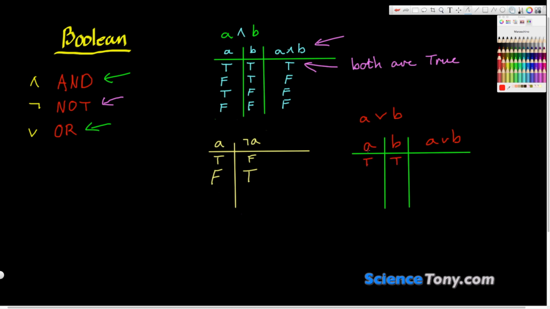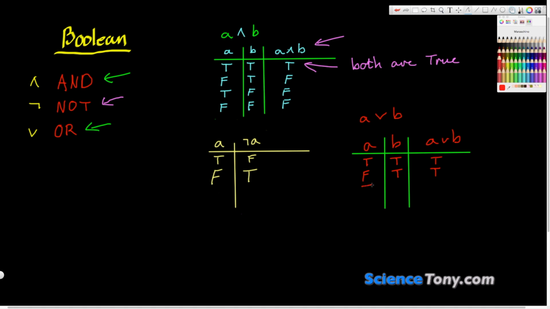If they're both true, A is true or B is true. Well, both are true, so this is going to return true. If A is false and B is true, well, B is true, so A or B has to be true, so that returns true.